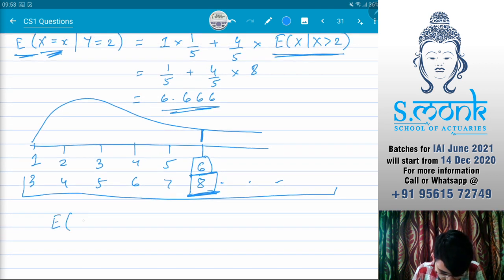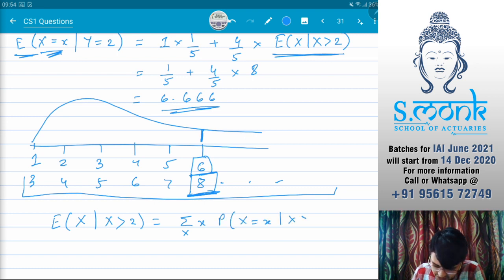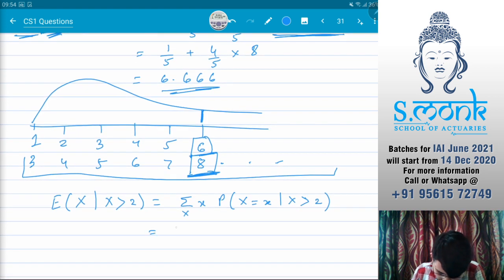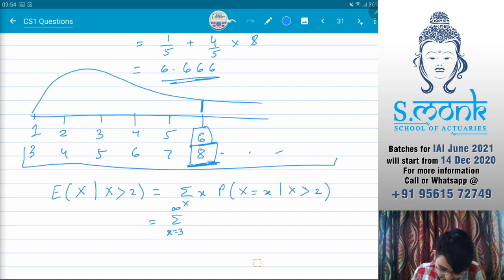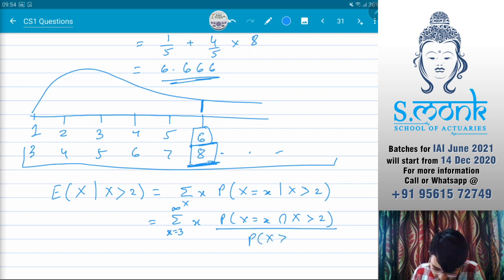So expected value of x given x is greater than 2 would look like something like this. It would be summation for all values of x, where we are saying x into probability of x equals x given x is greater than 2. So for all values of x greater than 2, therefore x starting from 3 and going till infinity, that would be x into joint probability of x equals x and x greater than 2, upon probability that x is greater than 2.